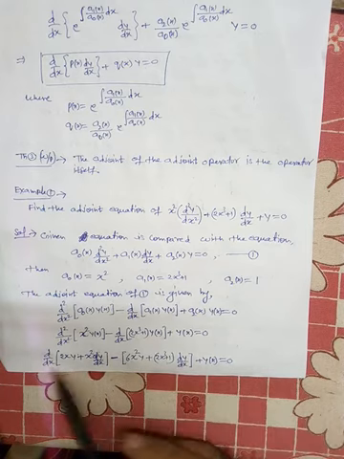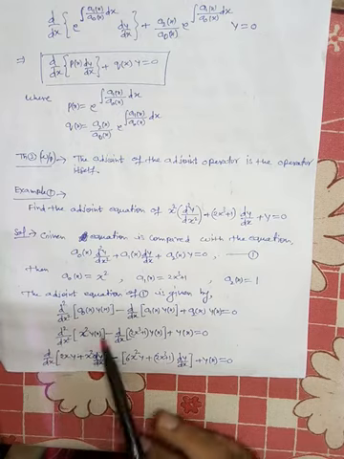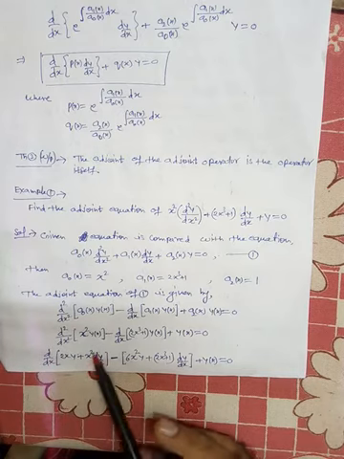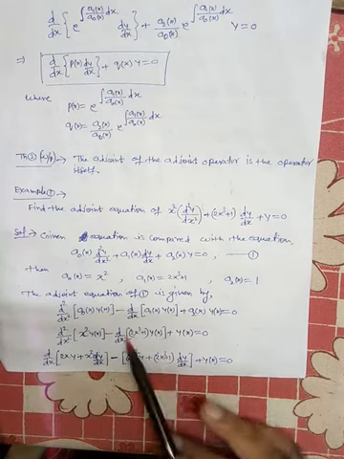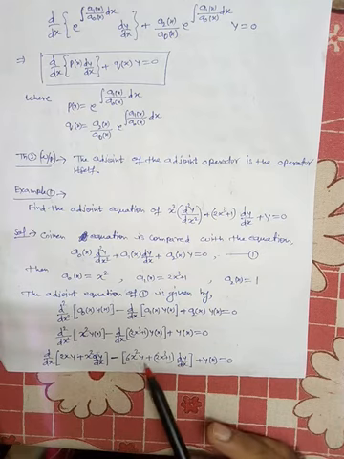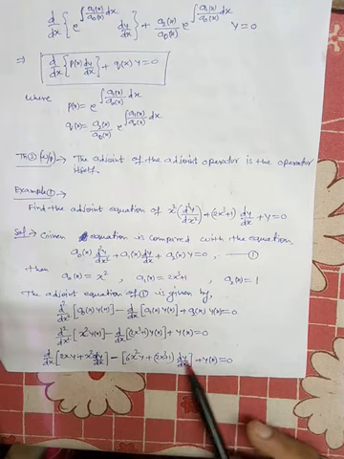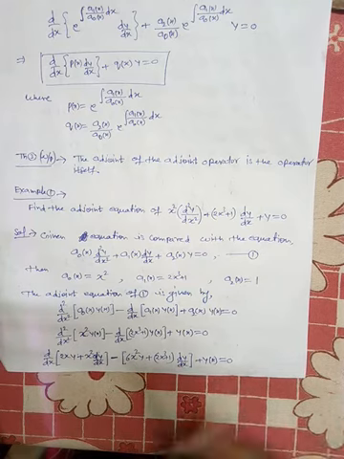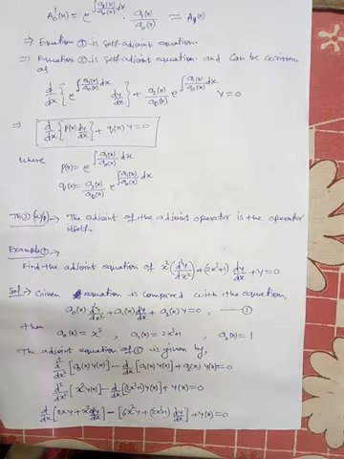Now differentiate this. So d by dx, derivative of this is 2xy plus x square dy by dx minus, differentiate this, 6x square y plus 2x cube plus 1 dy by dx plus y is equal to 0. Okay, now again differentiate.